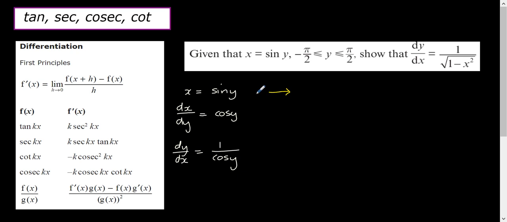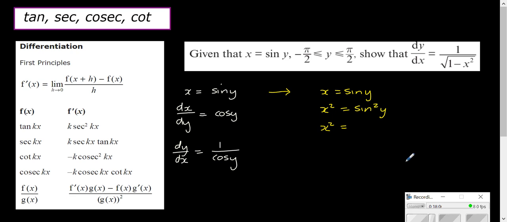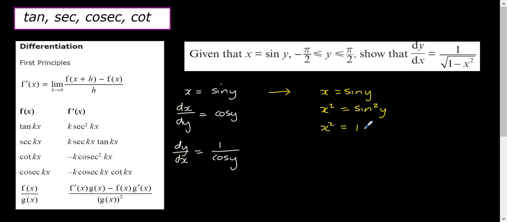Let's go over here and have a look at x equals sine y. Now, I've been asked to do something where I've got x squared. So it makes sense to me to find out what x squared would actually be. So x squared would be sine squared y. Makes sense. Now, sine squared y is also 1 minus cos squared y.